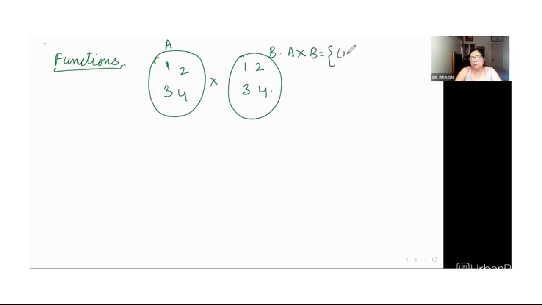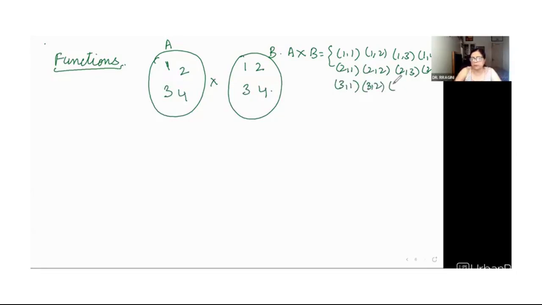A cross B is (1, 1), (1, 2), (1, 3), (1, 4), (2, 1), (2, 2), (2, 3), (2, 4).